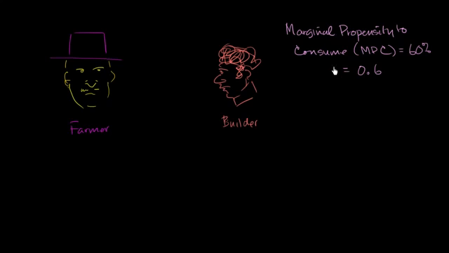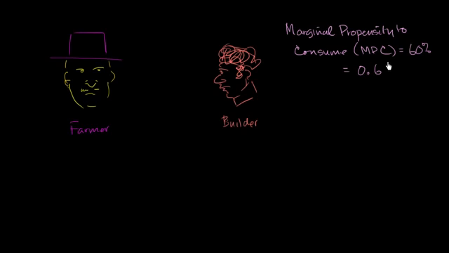All this is saying is that if someone in this economy somehow finds another dollar in their pocket, they're going to spend 0.6 of that, or 60% of that. So if the builder all of a sudden gets an extra dollar, he's going to spend another 60 cents on other things. And the only person to really spend it with is the farmer. If the farmer gets another dollar, he's going to spend 60% of that, or 60 cents, with the builder.